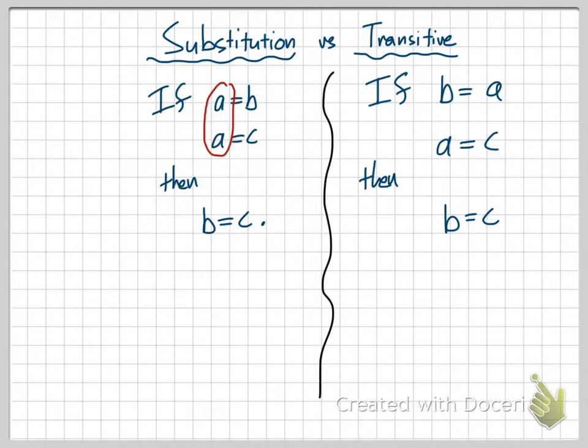With the transitive, we have B is equal to A and A is equal to C. The two A's, they are on different sides of the equal sign. So this would be our transitive property. So just a little technicality there. Make sure you know that common variable, whether it's on the same side for substitution or whether it's on different sides for transitive.